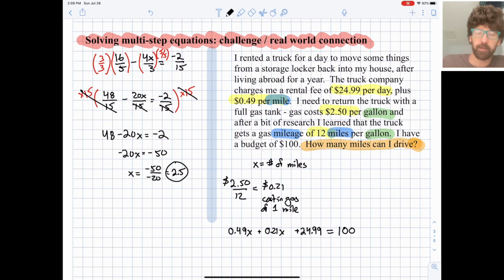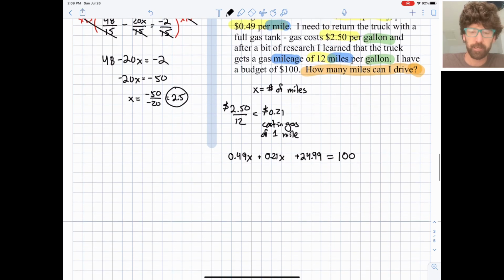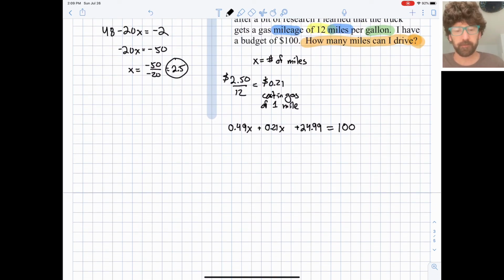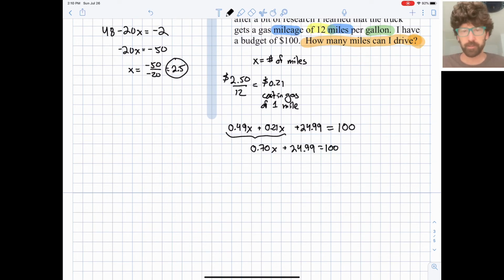It looks like we have an equation set up. Let's go ahead and do some simplifying and solving. These two guys combined together give us 0.70x, so that means all told I'm paying 70 cents for every mile I drive. Plus $24.99 is 100.